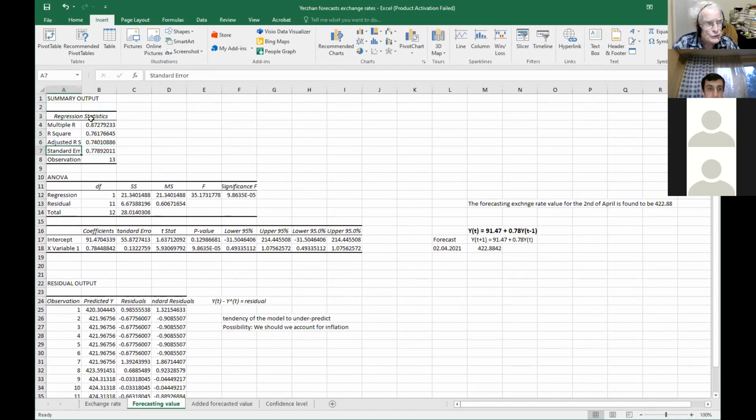And there is the standard error of the estimate with about 0.78. By the way, these tables of regression output are sometimes called ANOVA tables, ANOVA for analysis of variance.